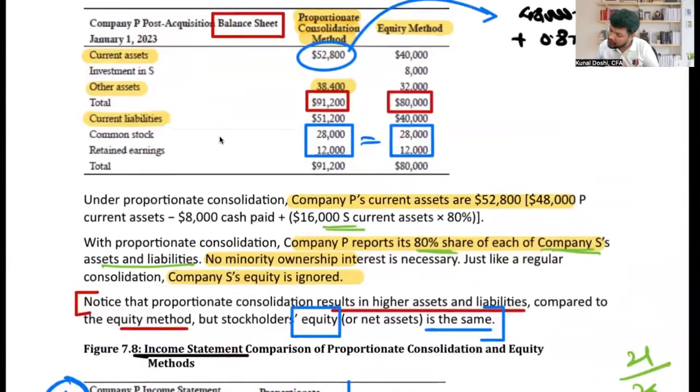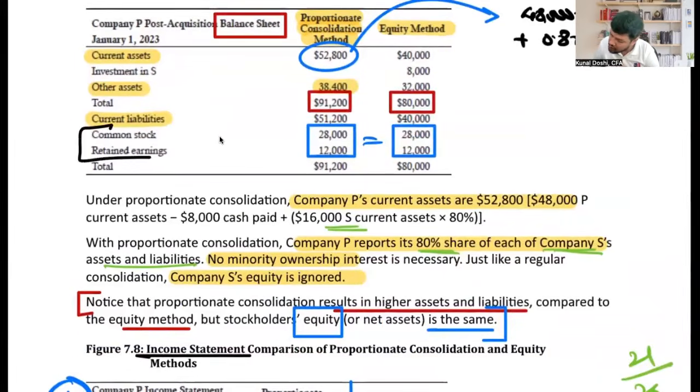So here, if you will notice that the common stock and retained earnings are same under both the methods, there is no minority interest here. So therefore, the retained earnings and equity being the same, the ROE impact is same under equity and proportional consolidation. But again, acquisition method, the ROE is less because the total equity is more.